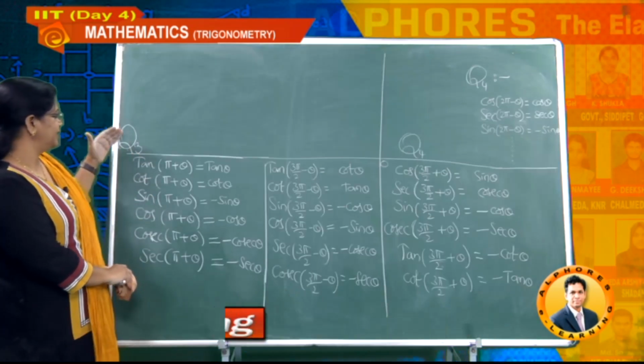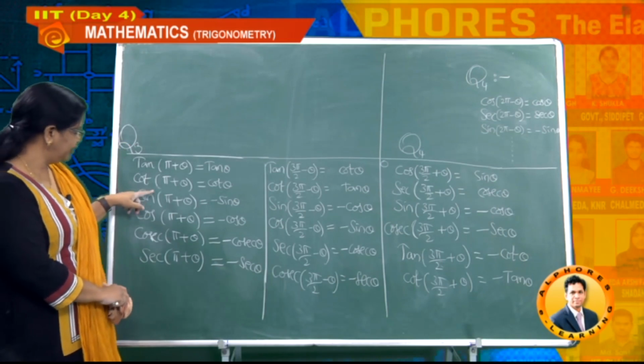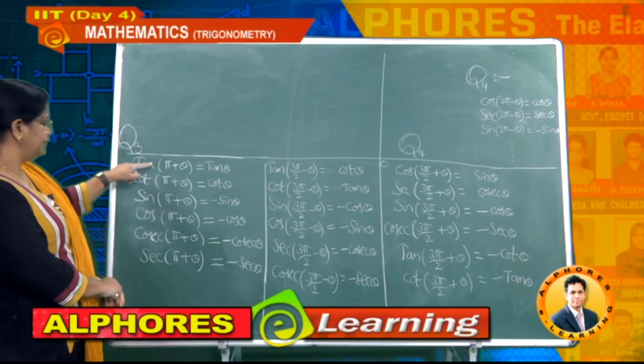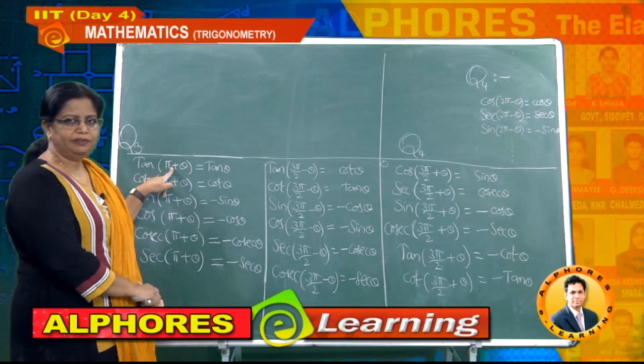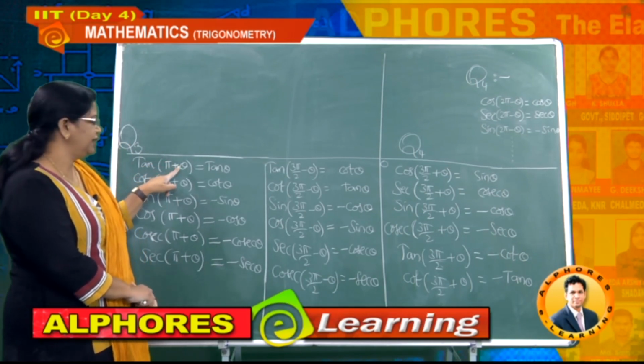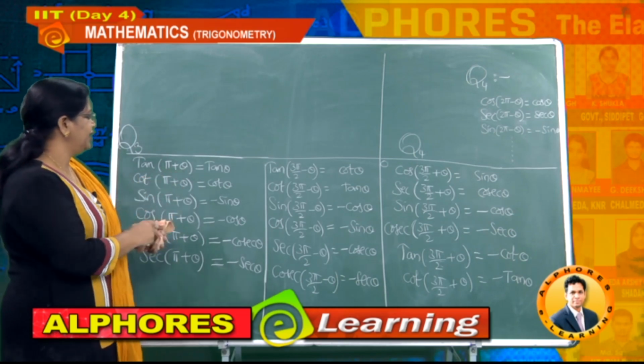Now students, let us have a glance at the third quadrant also. In the third quadrant, this is tan of 180 plus theta. This 180 plus theta we can write as pi plus theta also. Because how are the angles?